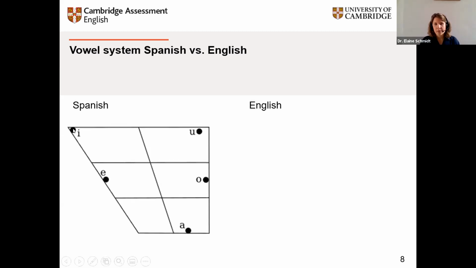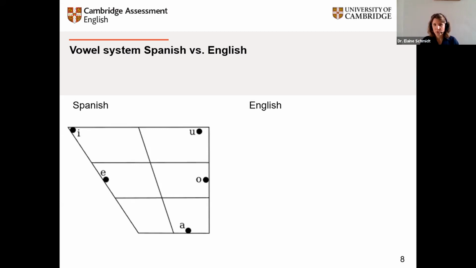But basically you have these 5 vowels and the realization differs every single time you mention them. So for example, if you have the E sound, if you have something like cerveza, then the first E isn't exactly the same as the second E, but they're somewhere around this triangle.